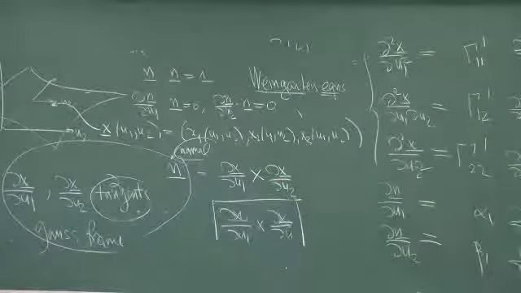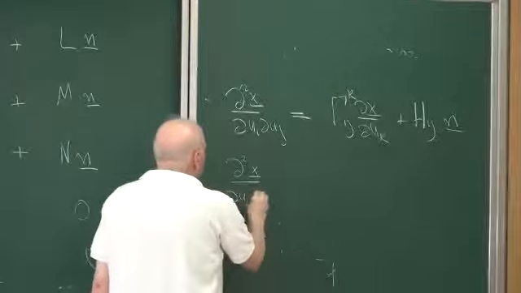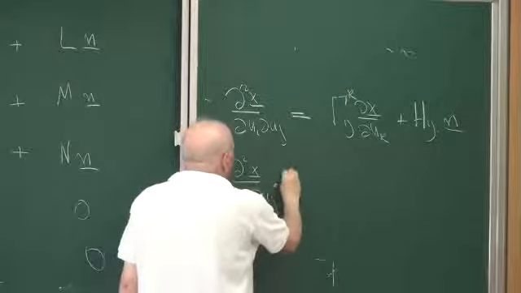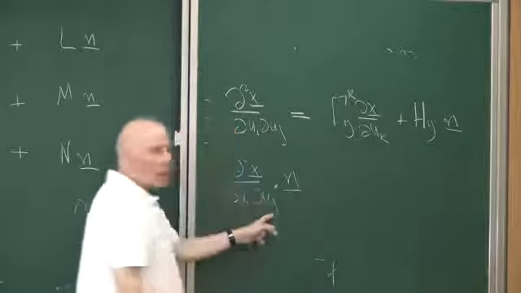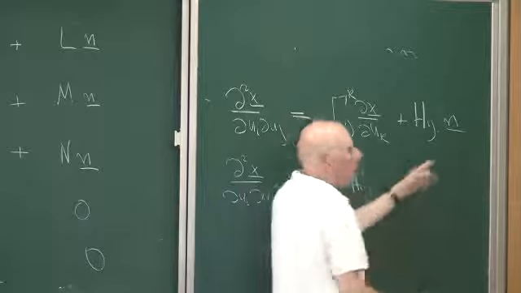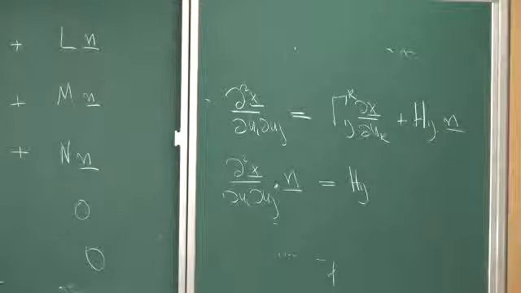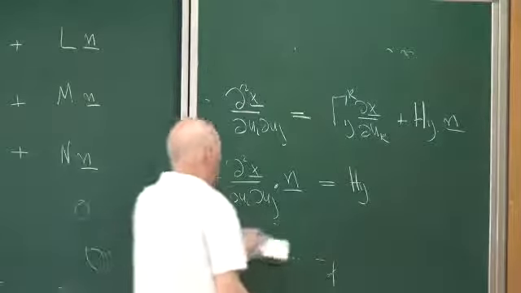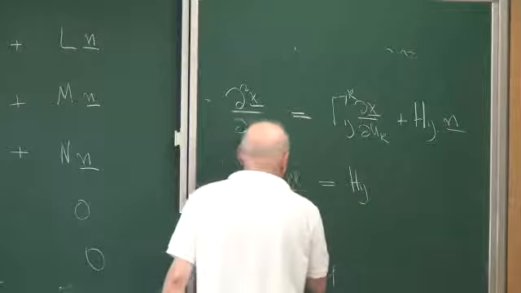Now we see what happens if I take the dot product of the left-hand side with n. For each ij, this is a vector. I dot it with a vector, so for each ij, I get a scalar. So this tells me it's h_ij n dotted with n, but n is a unit vector. So now I have the formula for h_ij. But what did we call the second fundamental form? It's just this guy dotted with n.